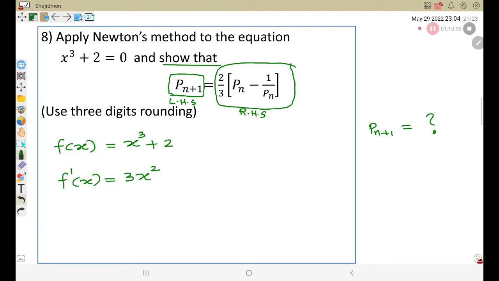Okay. So, we will start from here, Pn plus 1. Same model as the previous question. Pn plus 1 equals, what was the rule I told? Pn plus 1 is the previous number Pn minus f value at Pn divided by f dash value at Pn. Correct?